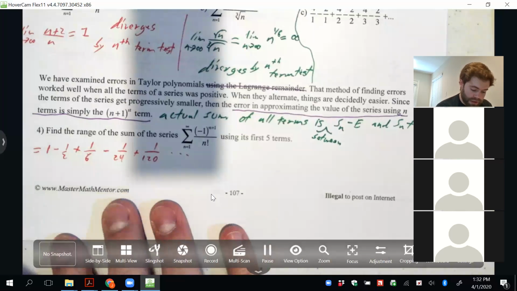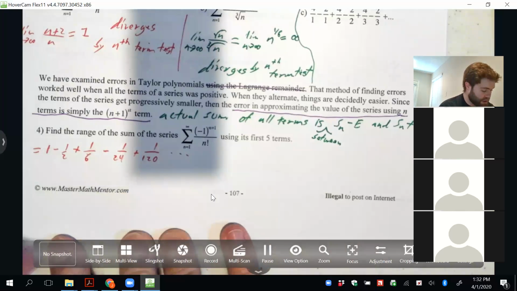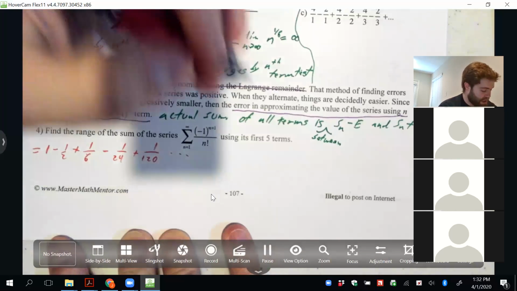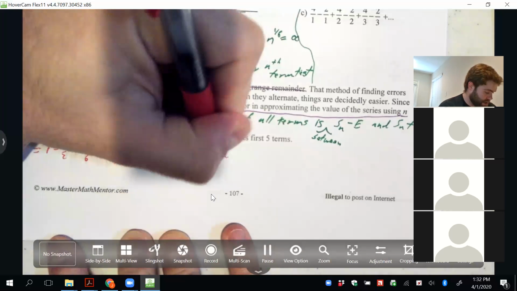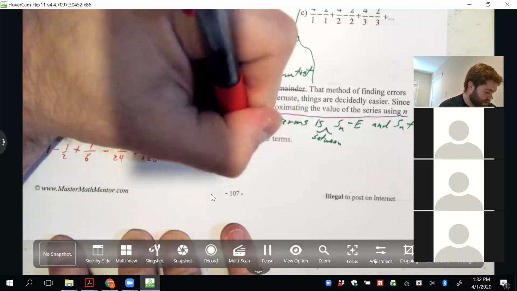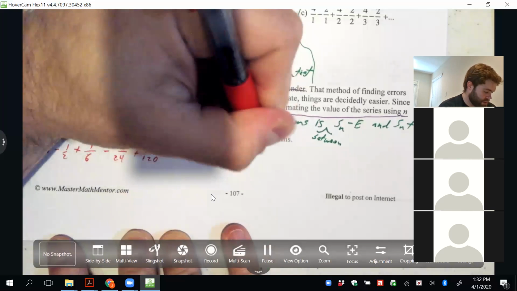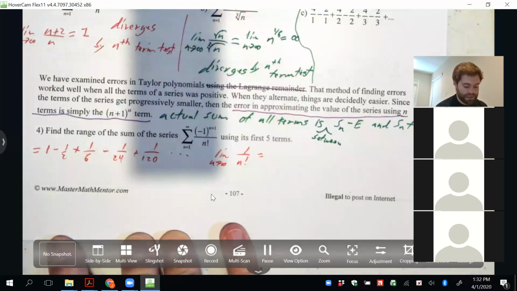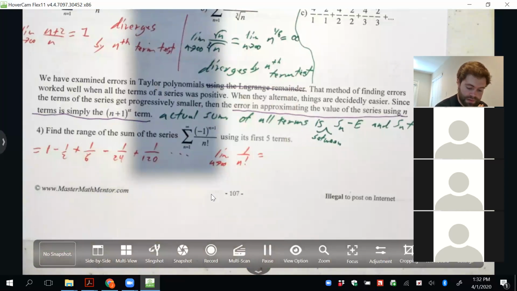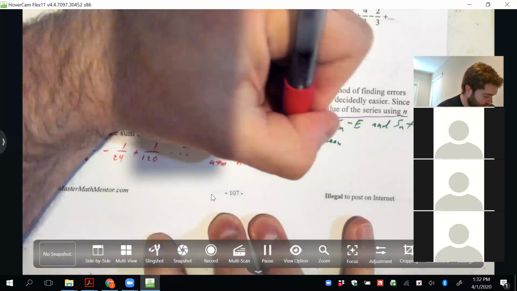So what we're going to do is, let's actually first show that this is convergent. So does this pass the nth term test? Limit as n approaches infinity of 1 over n factorial. What would that limit equal? 0. Yes, it would equal 0.